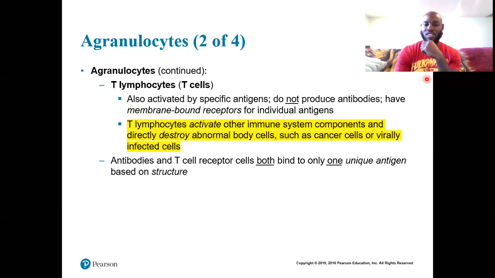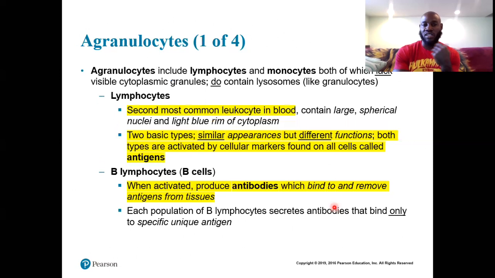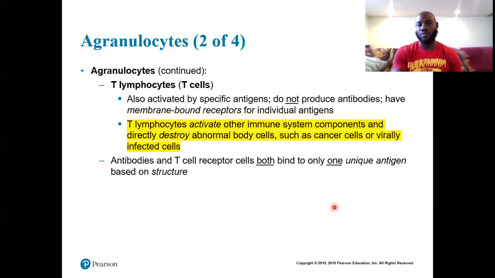So remember the B and the T lymphocytes, which we call B cells and T cells for short. These are agranulocytes, which are white blood cells, leukocytes, and they're both in the lymphocyte category.